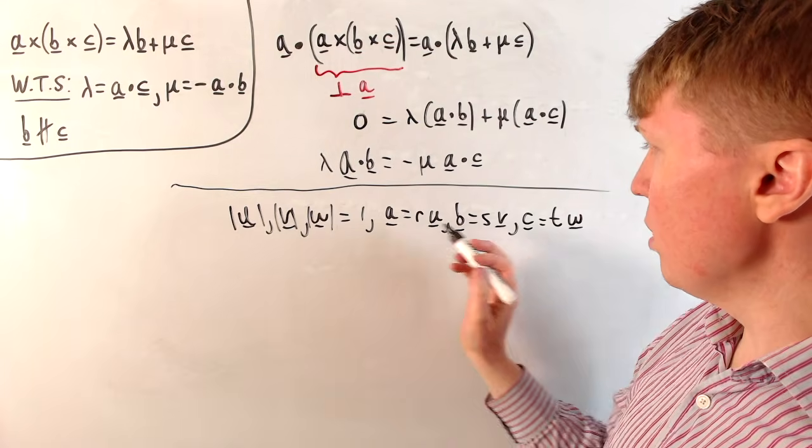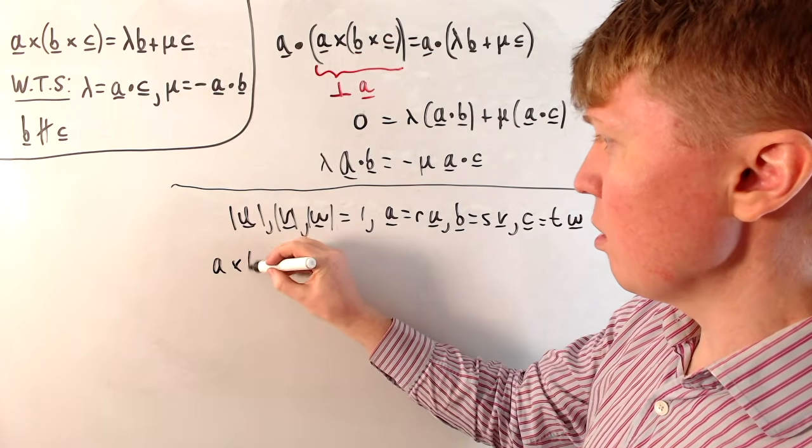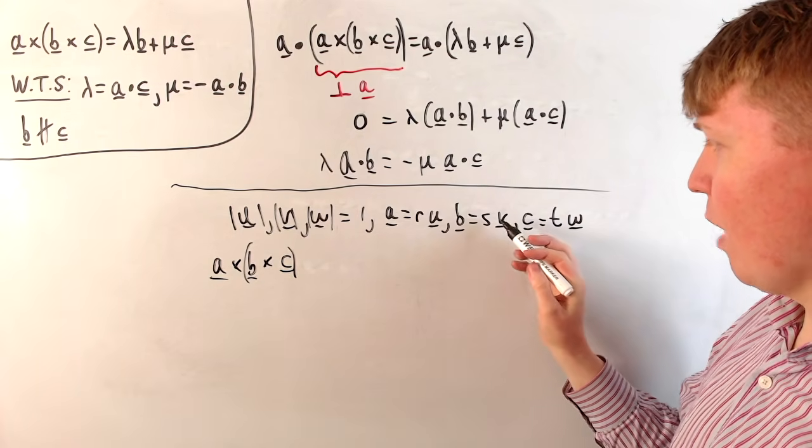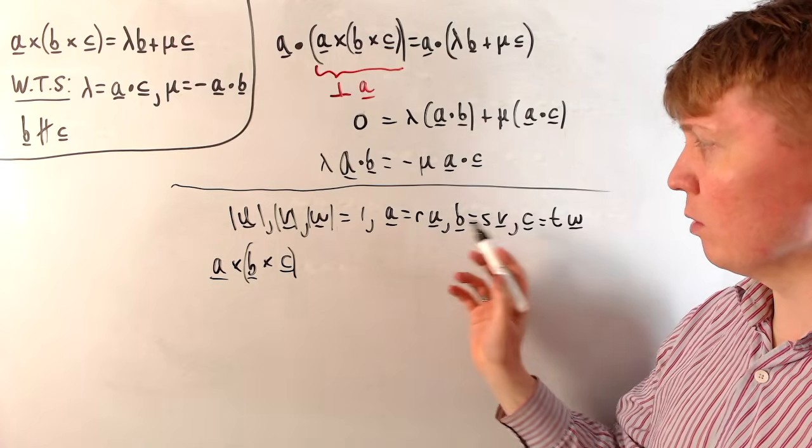So we can start with A cross B cross C. We can rewrite A, B and C as RU, SV and TW and just take out all of these scalar multiples.